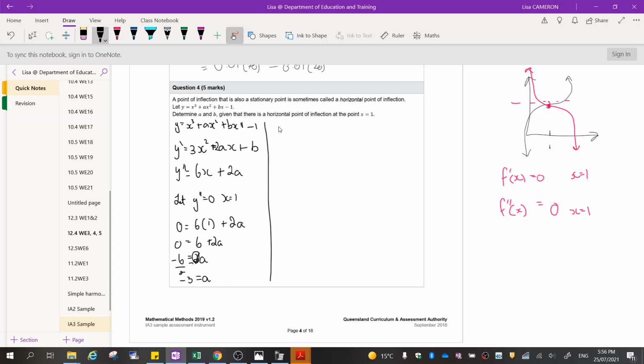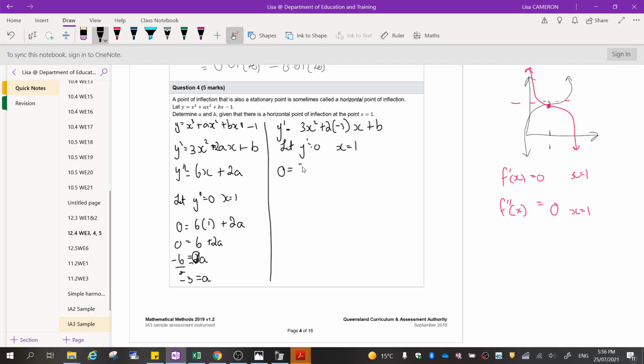So the next thing, we're going to go to y dash. Now we're going to input what we found. So 3x squared plus 2 times negative 3x plus b. Okay, now we're going to let y dash equal 0, and we're going to let x equal 1.